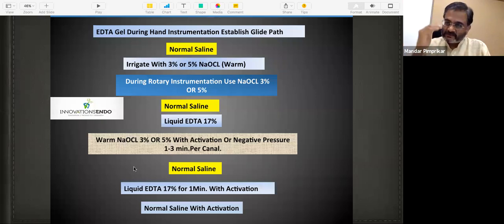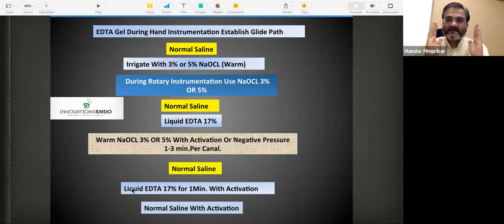Then you're going to use normal saline again to wash out the effect of the hypochlorite. And then again, you will introduce liquid EDTA, which is 17% for 1 minute with activation, again with sonics, ultrasonics, air sonics, whichever way you want to do it. And then a final flush with normal saline, that too with activation.